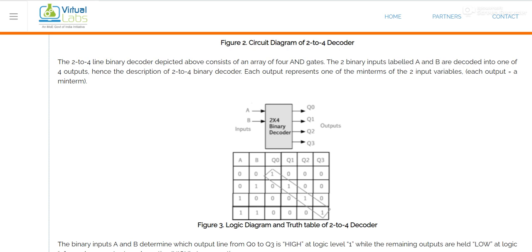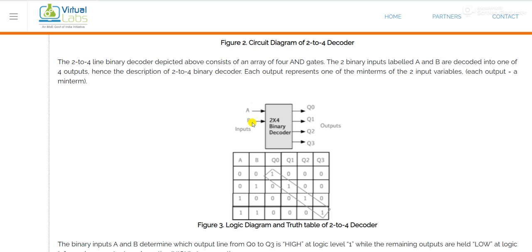One point that we have to remember is that there are no select lines in the case of decoder and encoder. This is the block diagram of the 2 to 4 decoder. A and B are inputs, Q0 to Q3 are outputs. For two inputs, there are four possible combinations: 0 0, 0 1, 1 0, and 1 1.